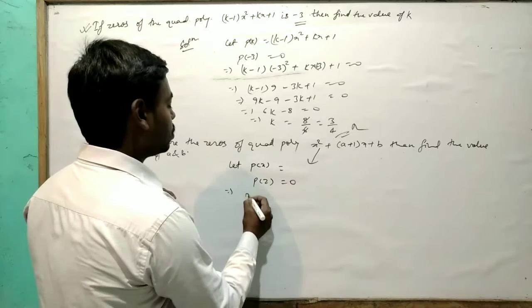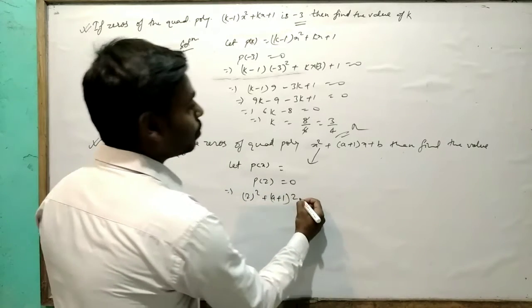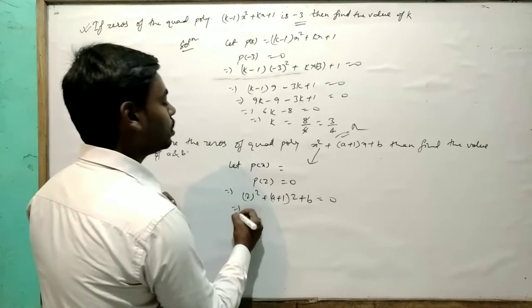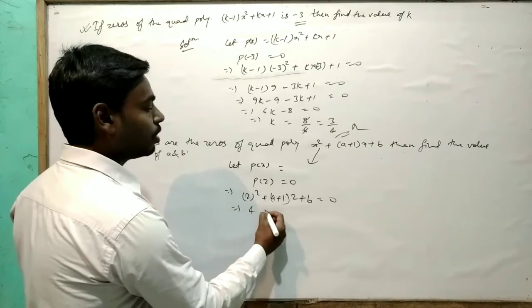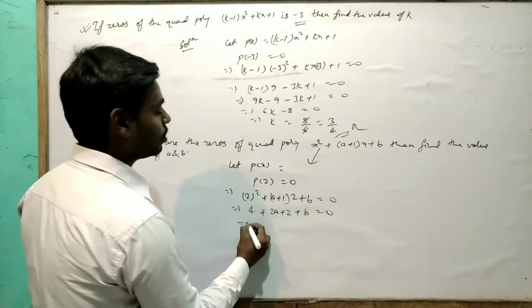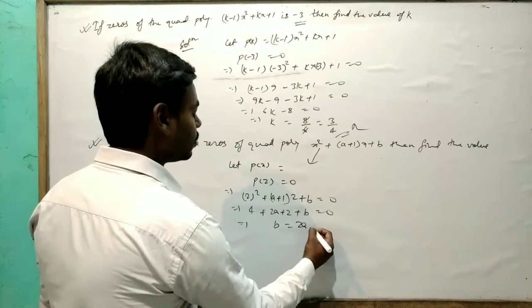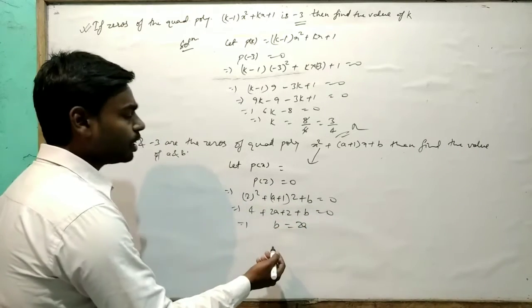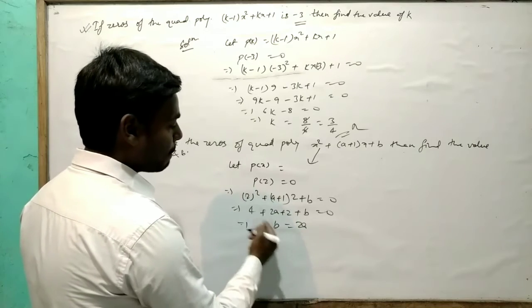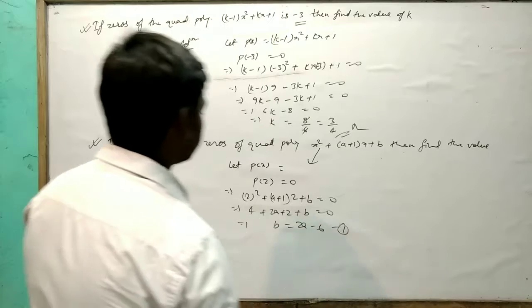So we can write 2 to the square plus (a plus 1) into 2 plus b is equal to 0. Now 4 plus 2a plus 2 plus b is equal to 0. Now b is equal to minus 2a minus 6. This is equation first.